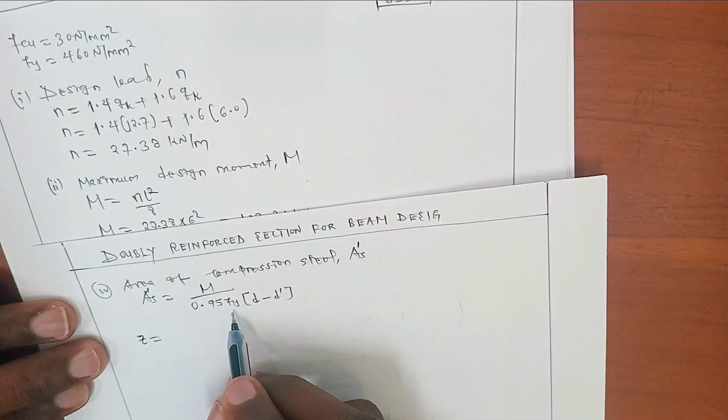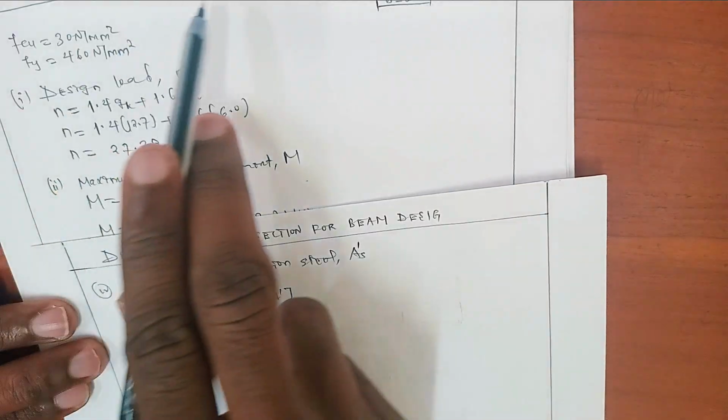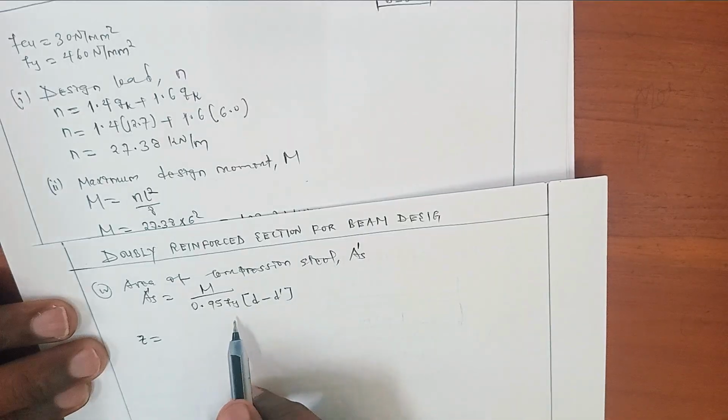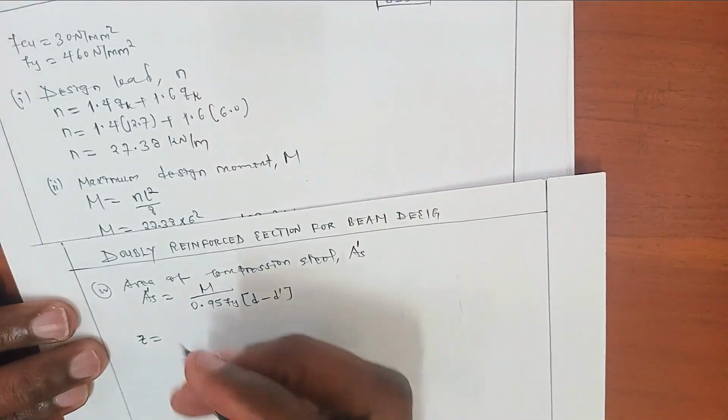Fy is used directly, which was provided in our question, if the compression steel is yielded. If it's not yielded, there is another formula to be used.